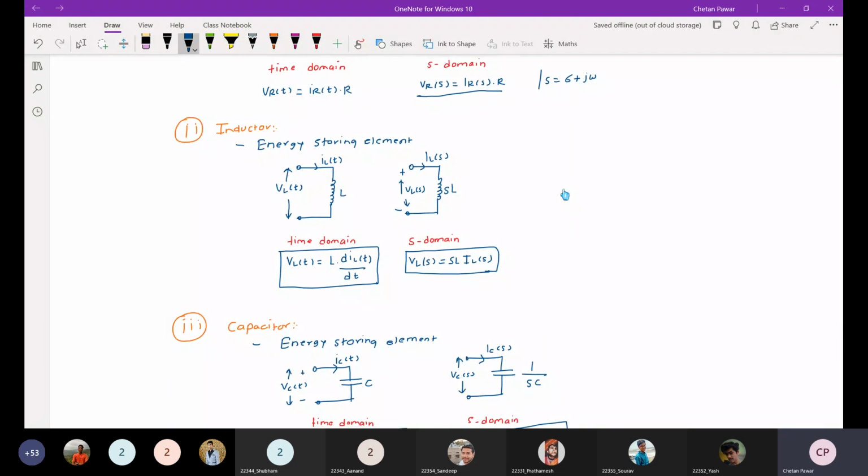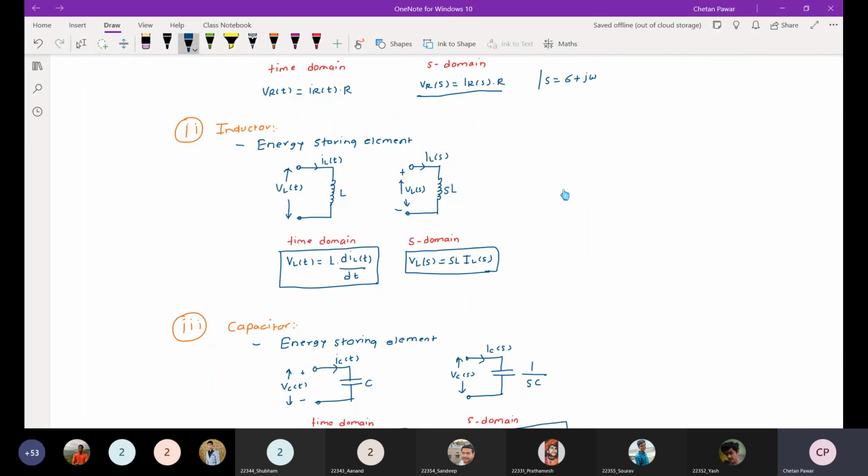Then if we consider the inductor, it is an energy storing element. In the time domain, the circuit diagram is like this, where L is the inductor value, i_L(t) is the current flowing through the inductor, and v_L(t) is the voltage across the inductor.